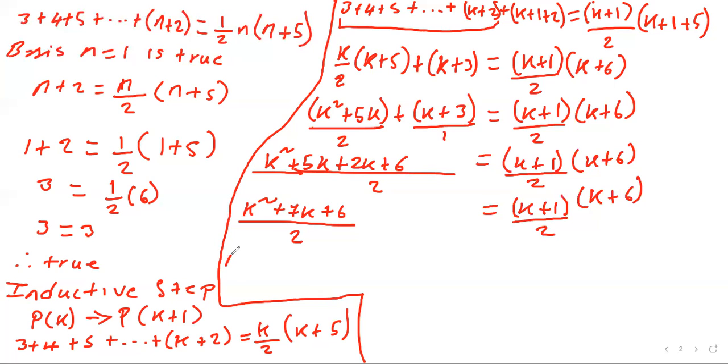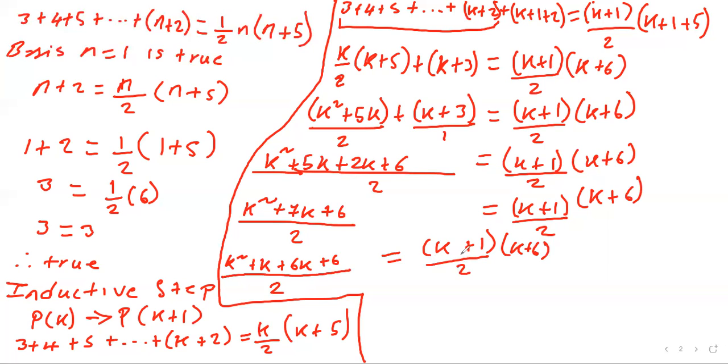So we have k squared + k + 6k + 6, all of that over 2. That's going to be equal to what's on the right side, which doesn't change, so I'm just going to write it back: (k + 1) times (k + 6), over 2.